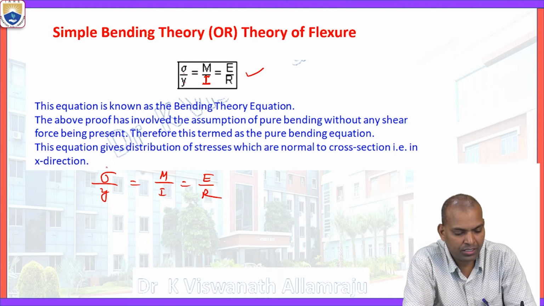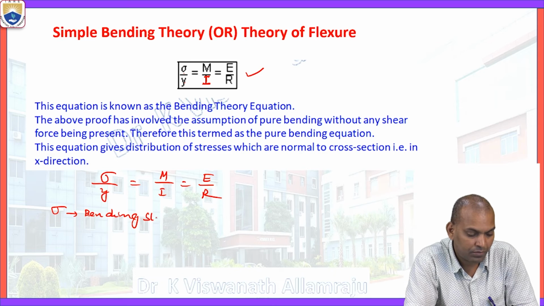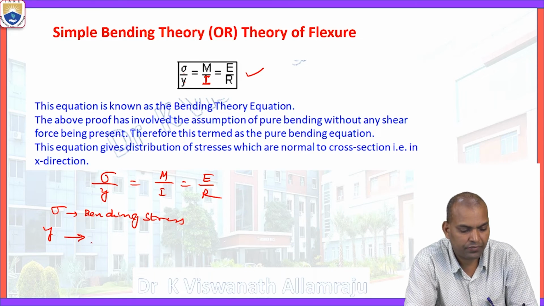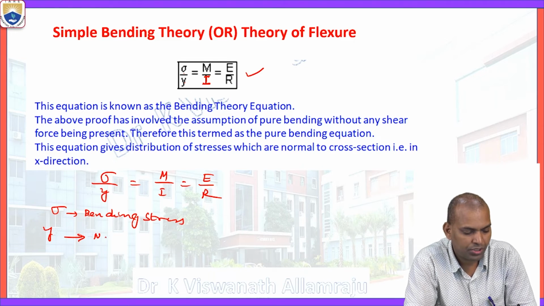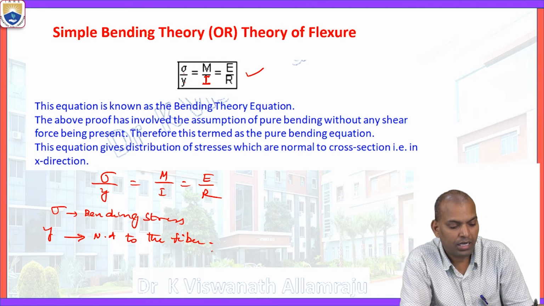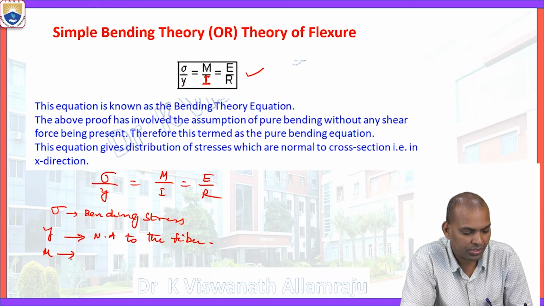What is sigma here? Sigma is the bending stress. Y is the distance from the neutral axis to the fiber. M is the bending moment or moment of resistance.